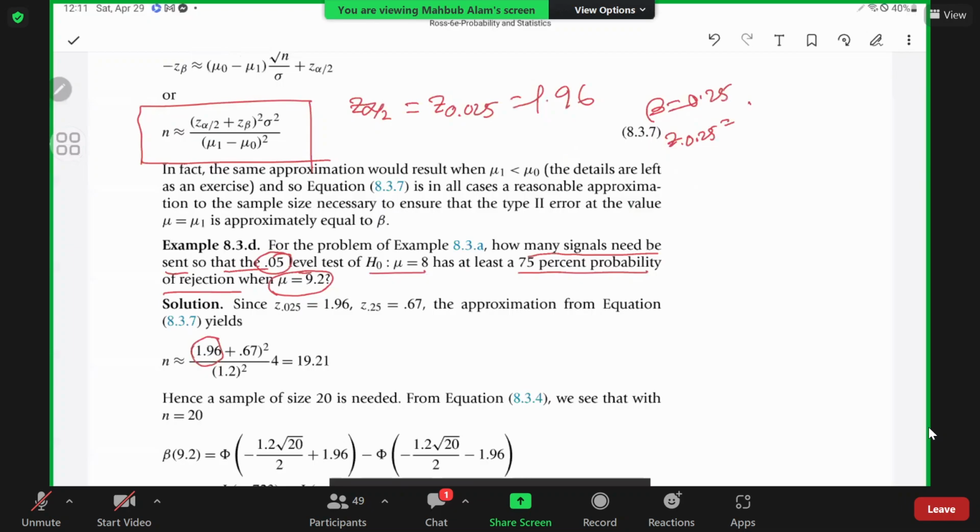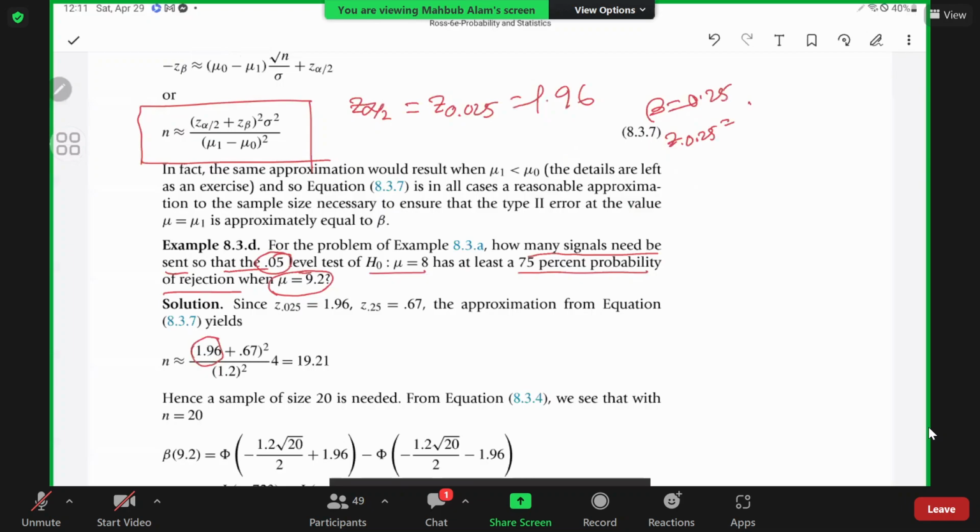You can consider it 0.24. Why not 0.25? Because the calculation produces n equal to 19.21, which we approximate to n equal to 20. That's why the probability of accepting a false null hypothesis becomes 0.24 instead of 0.25.